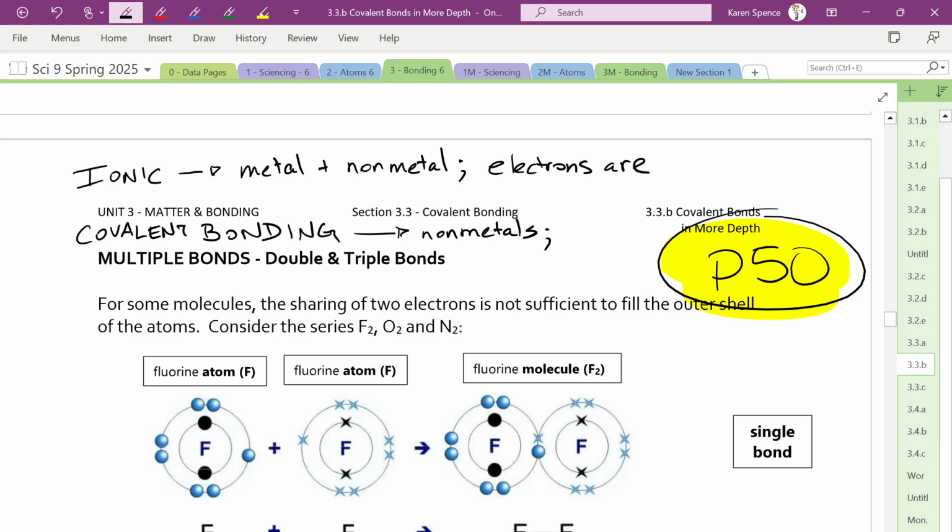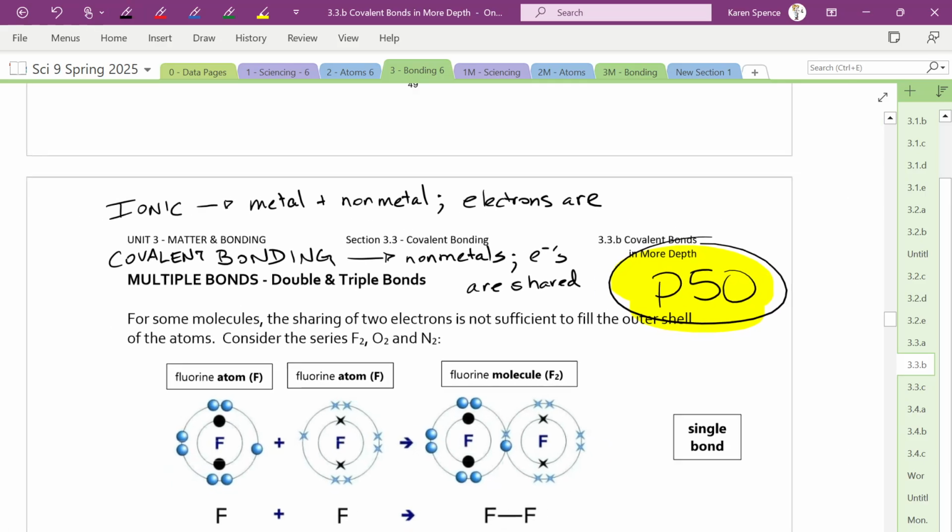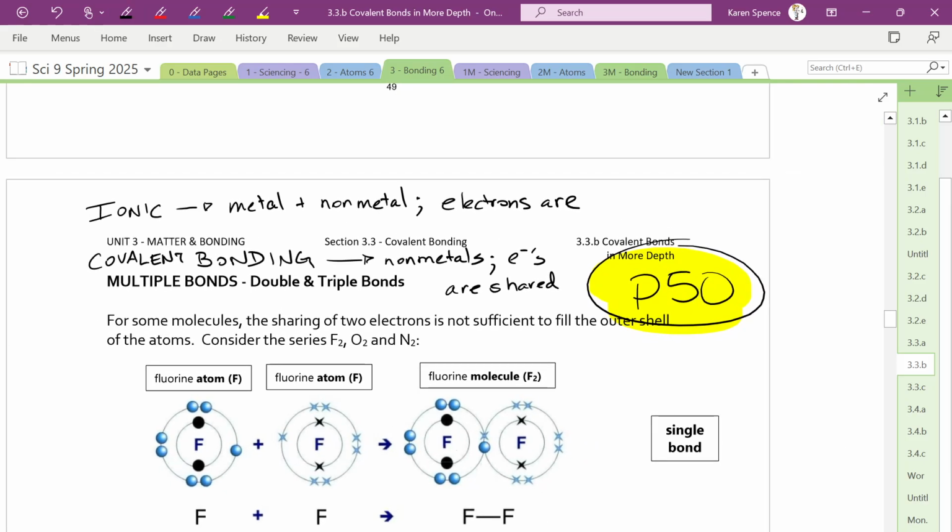In ionic? They're not shared in ionic, they're actually shared in covalent. Okay, so in covalent, the electrons are shared. What happens in ionic? Yep, metals give. Metals are given and taken.